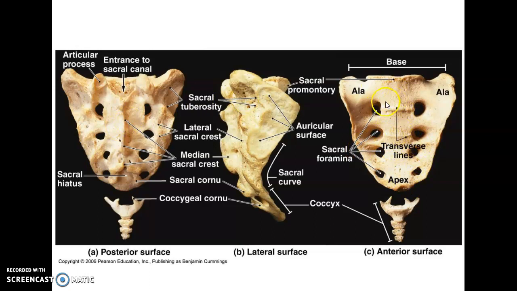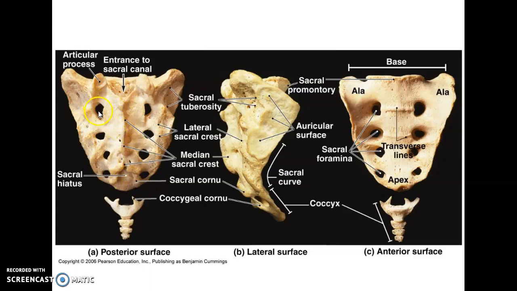This is on the anterior side. So on the anterior side we would not see the crest, but on the posterior surface or side we would see the crest. And the crest is kind of covering the sacral canal. And we know remnants of our spinal cord are going to actually extend down through here. And we're even going to have remnants of that spinal cord extending out through here and feathering out into nerves.